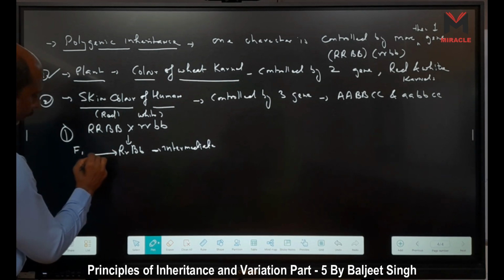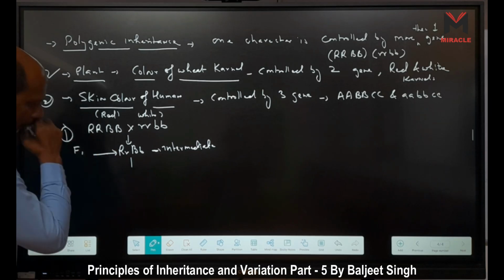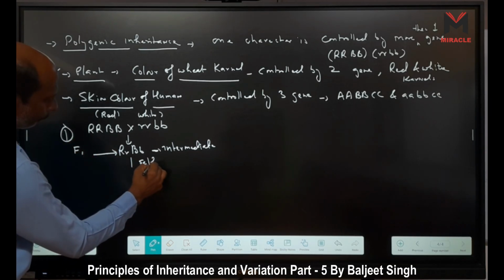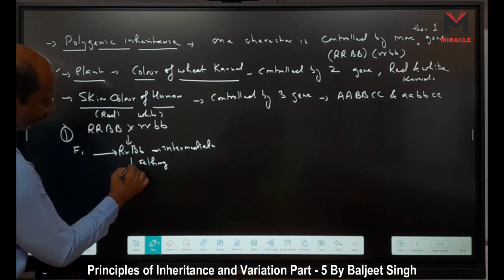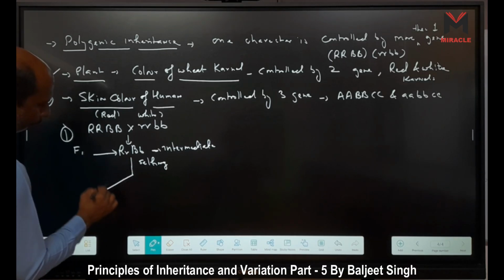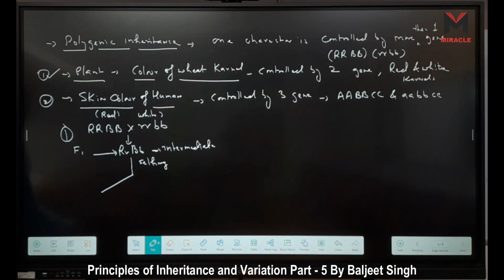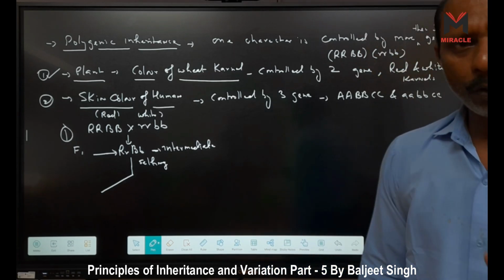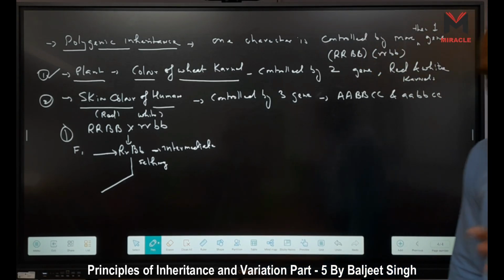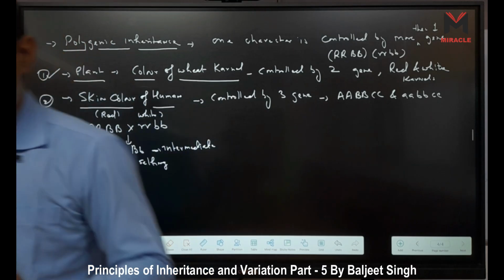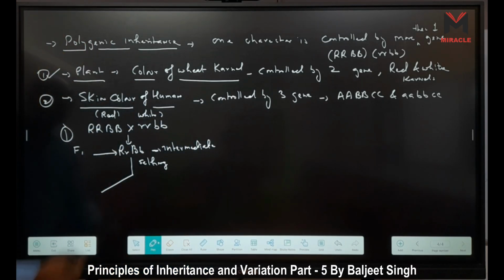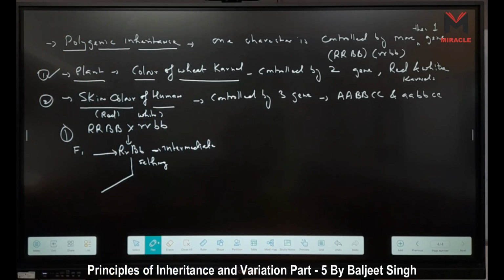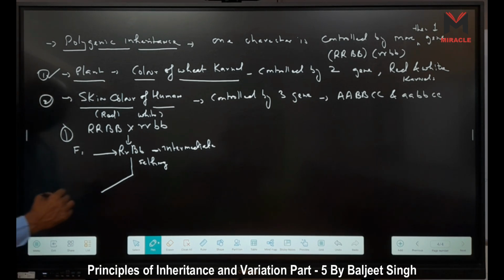And in F2 generation, what happens? After selfing, F2 generation depends upon the number of dominant traits, right? We have different types of color of kernels present here. F2 generation means different types.